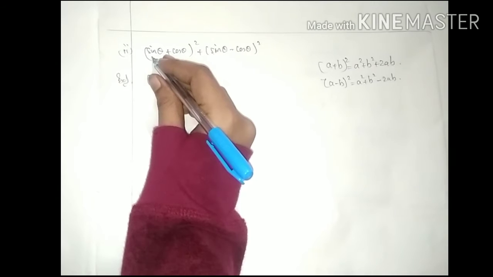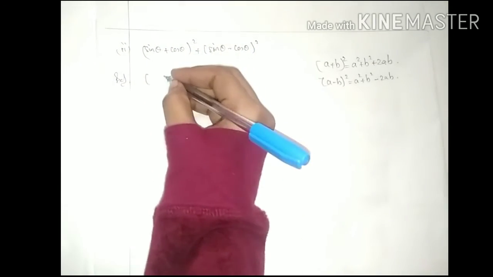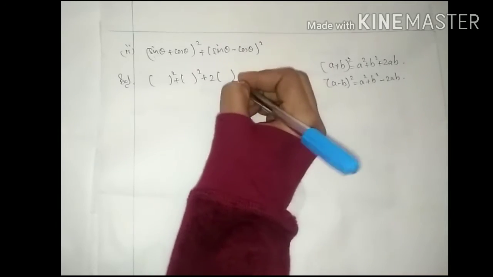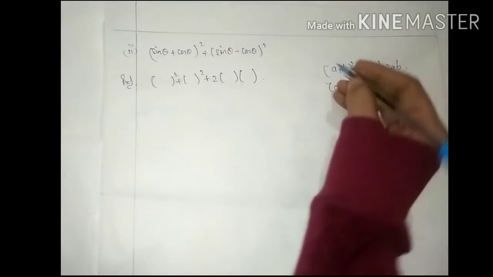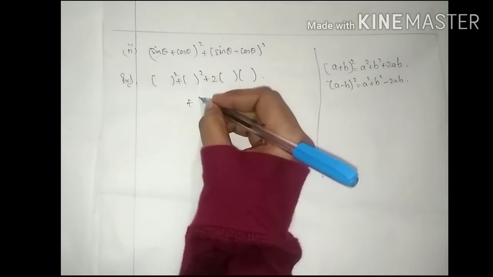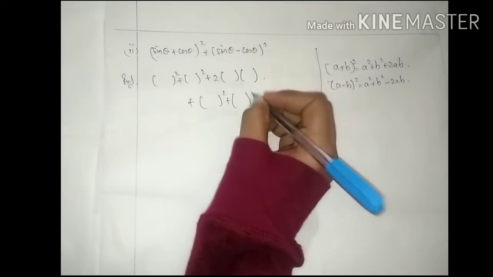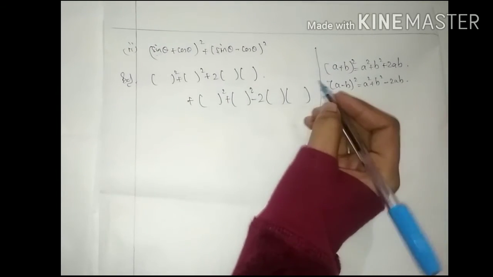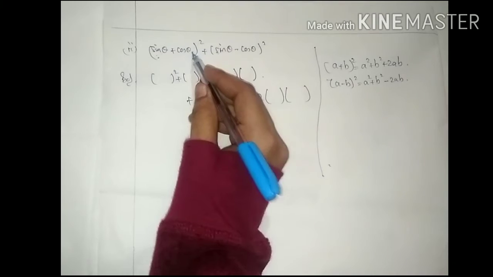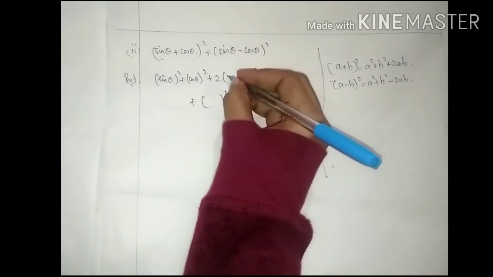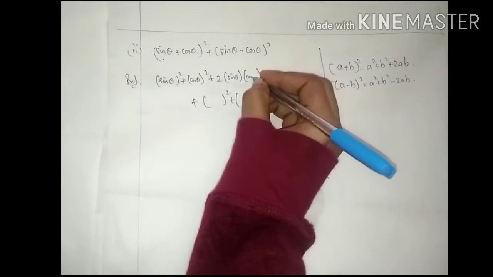So in place of a we are having sin, a square plus b square plus 2ab. Then this is rough work. Then plus, I am writing over here a square plus b square minus 2ab. For this, here a square is sin theta cos theta, sin theta cos theta.